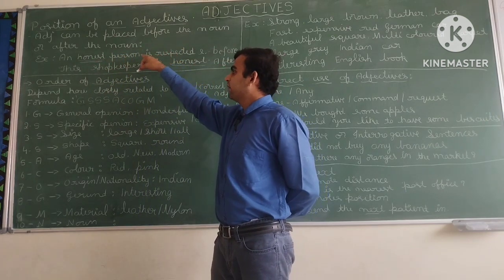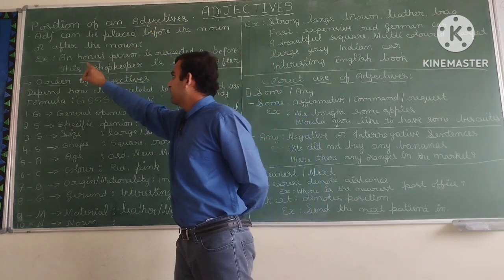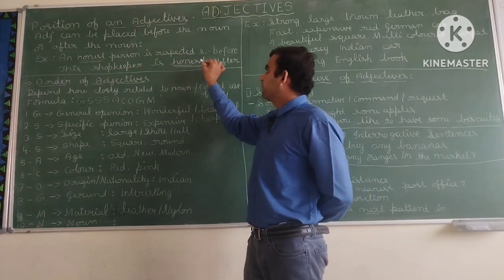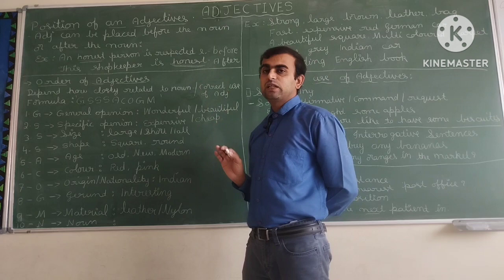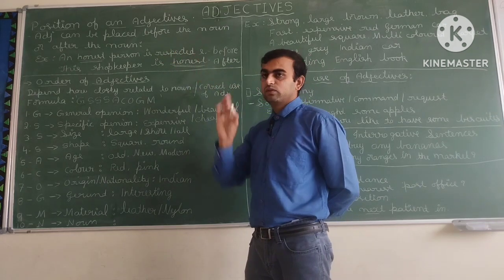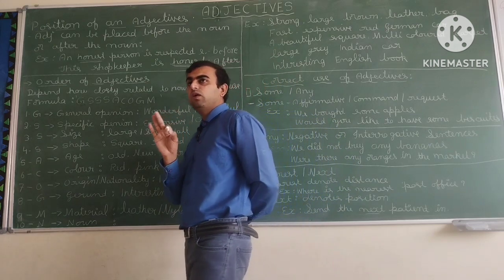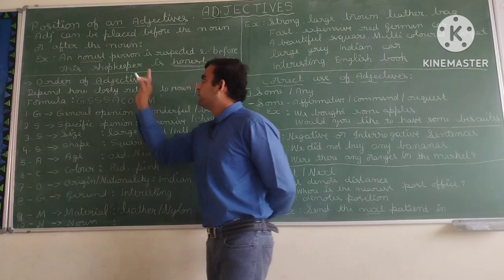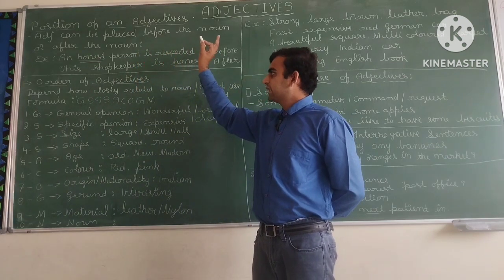It is called a before-the-noun adjective. Second one: this shopkeeper is honest. Here the adjective is placed after the noun. An adjective can be placed before the noun or it can also be placed after the noun. This is called the position of an adjective.